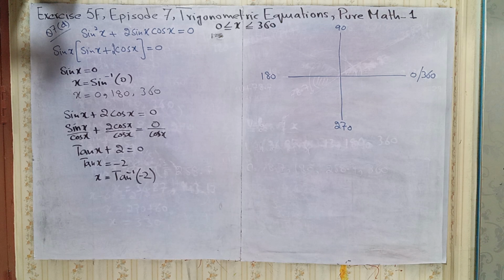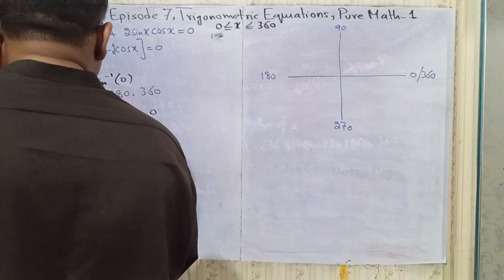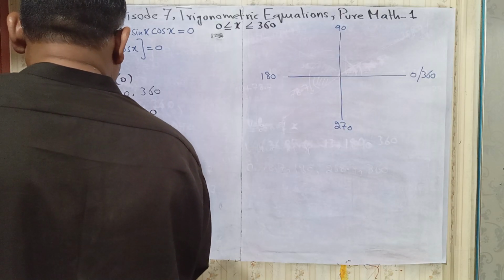Your calculator must be set in degrees, because right now in this question we are working with degrees. The unit of the angle is degrees. Shift tan and bracket minus 2 bracket close equal, that gives me minus 63.